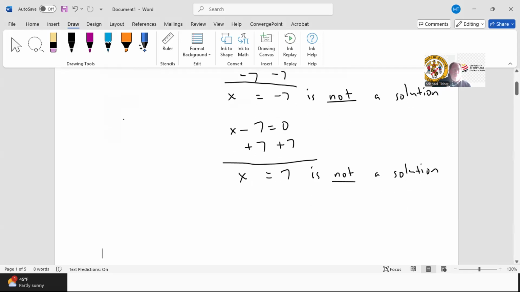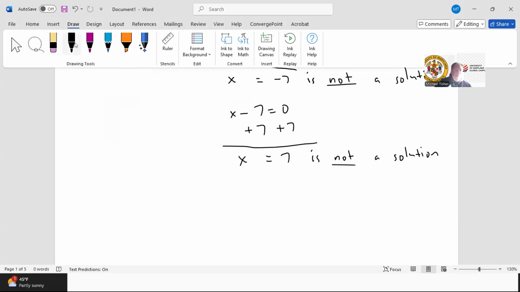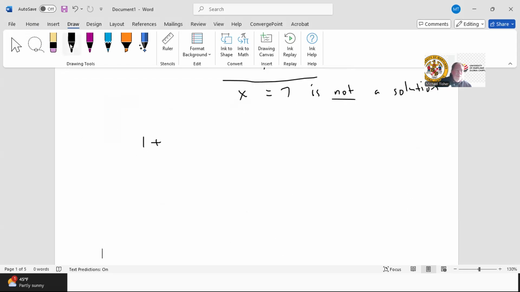So let's go down here and rewrite the equation again. And let's multiply both sides by x plus 7 times x minus 7.